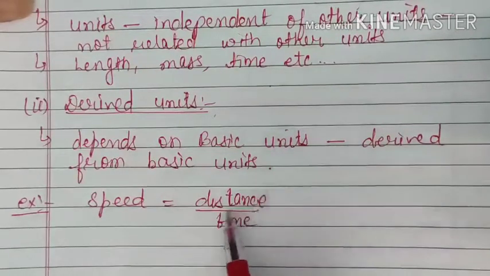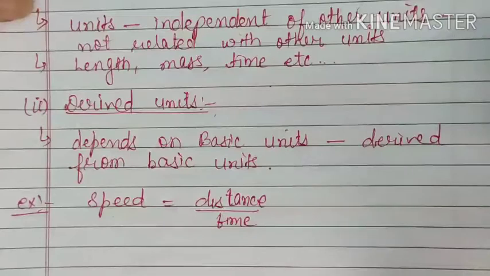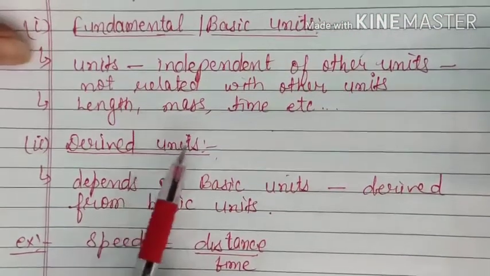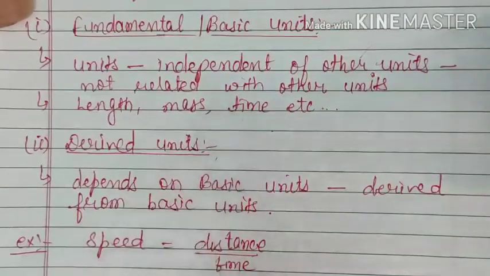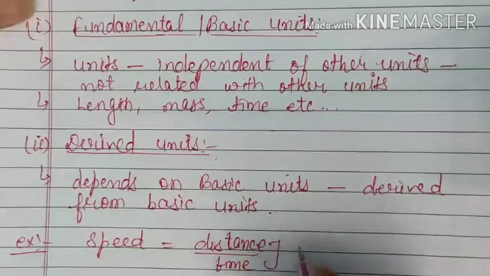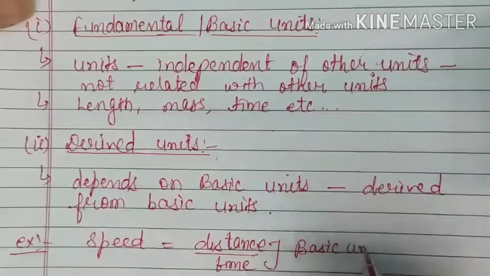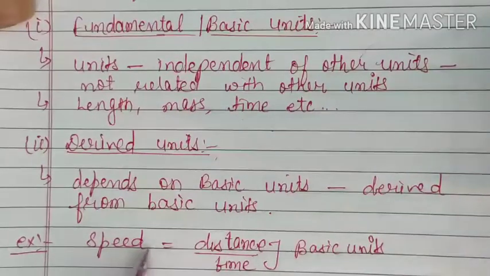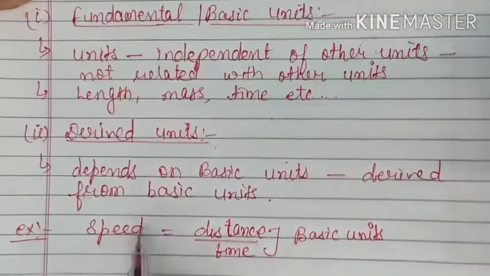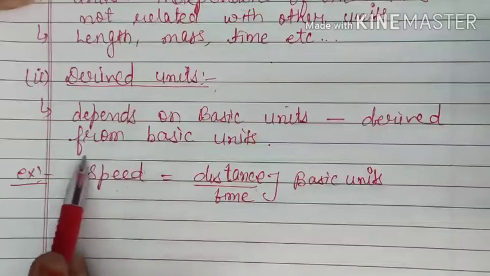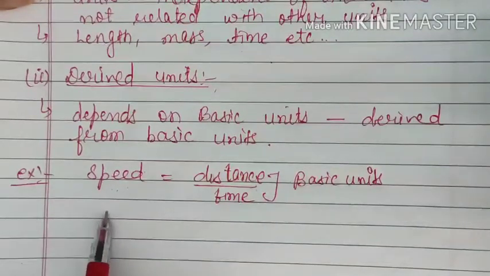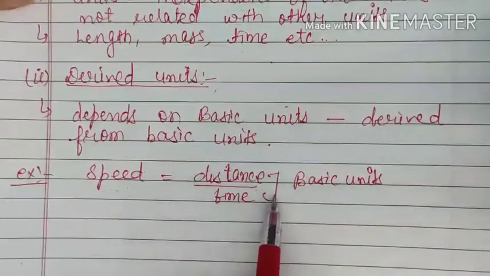Now it is distance. Distance is nothing but length, and time is time, and we have kept both length and time under the category of basic units. Since we will derive the unit for speed with the help of basic units, the unit which we get for speed will be a derived unit, because it has been derived from basic units.